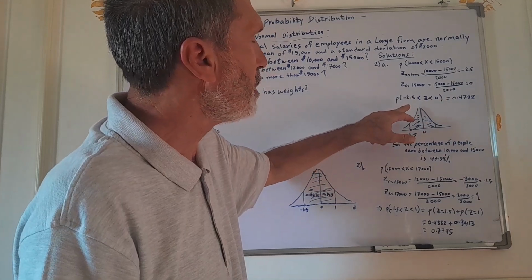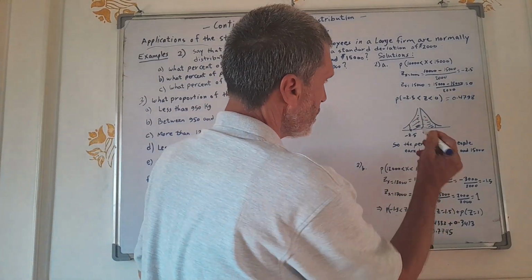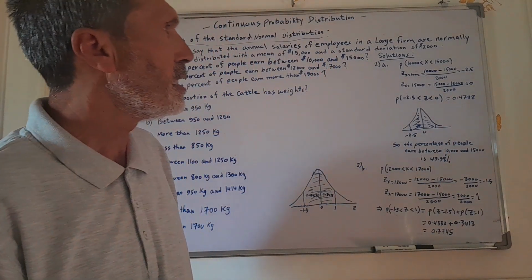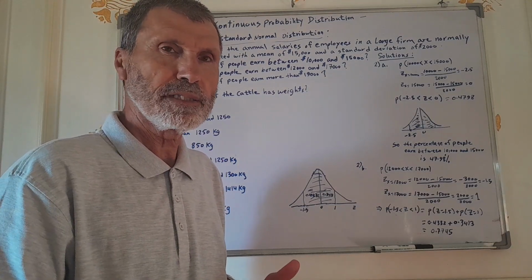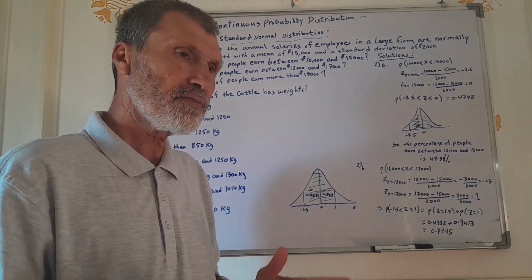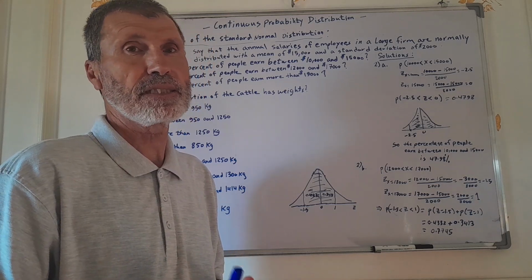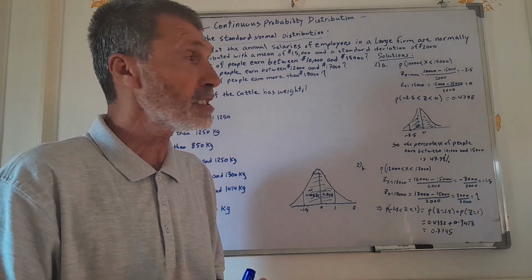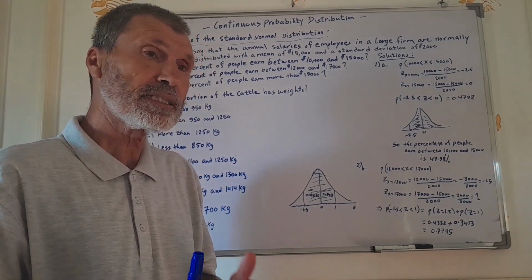So now the probability of z between minus 2.5 and 0, this is the one we're looking for. In the z table B.1 in the appendix, we don't have negative values. The standard normal distribution has the same characteristics as a normal distribution, and one of them is that it is symmetrical.